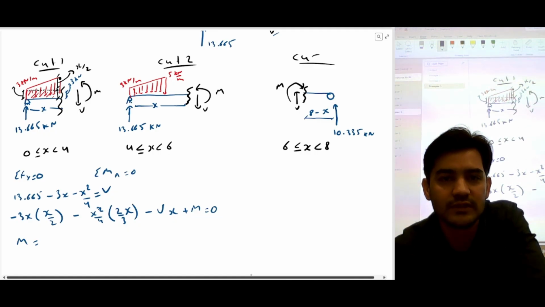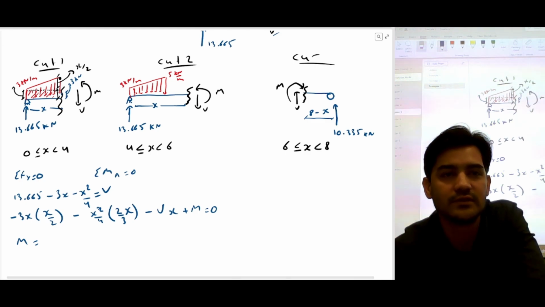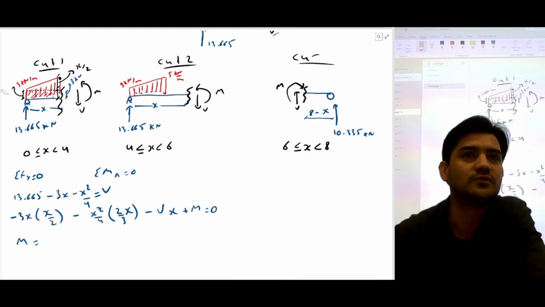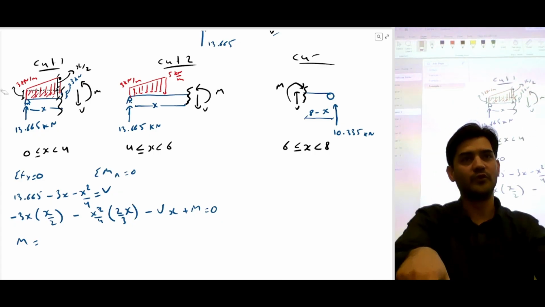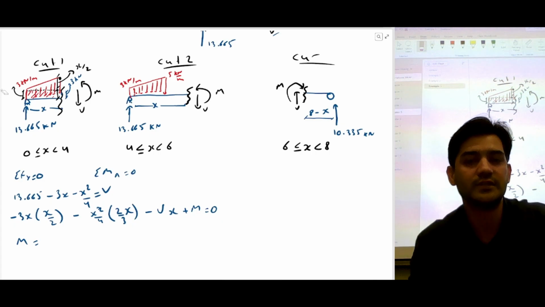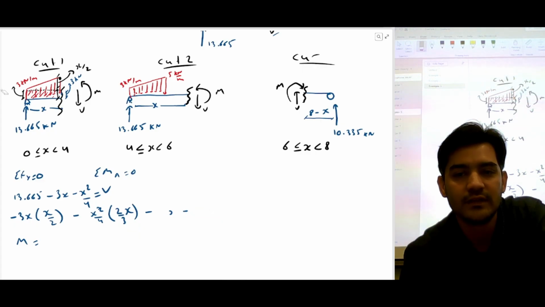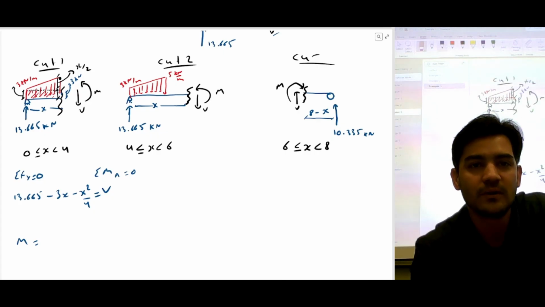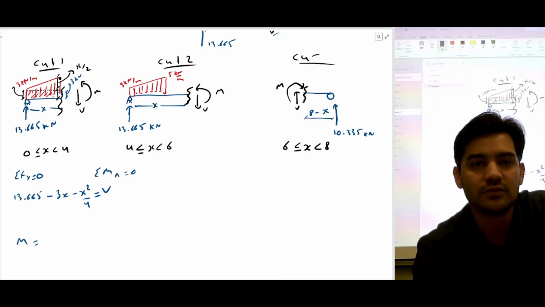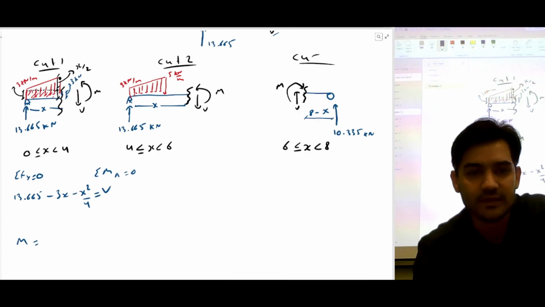You can do it the other way as well, but then you have to put the value of shear force, which is already an equation. It's going to be a difficult task. So let's take a moment along this point is equal to 0. Then you'll cancel out the shear force, so it's going to be easy.